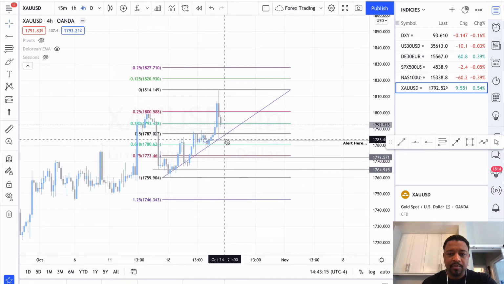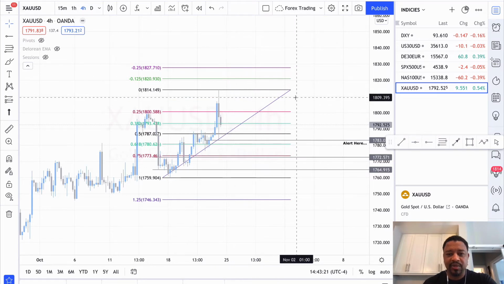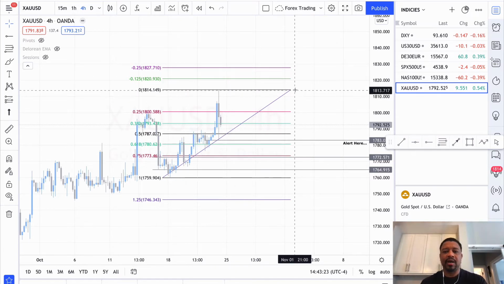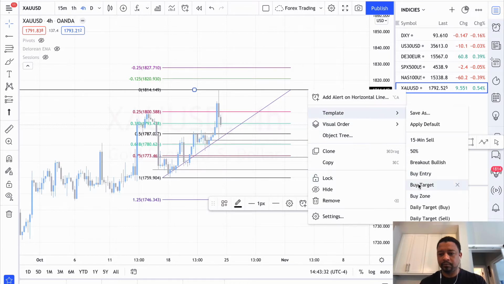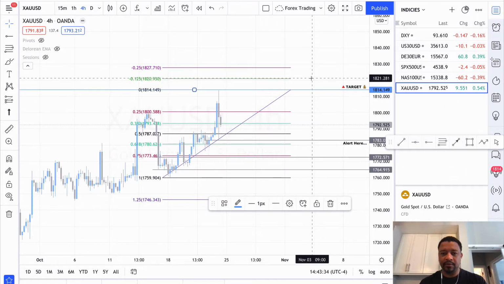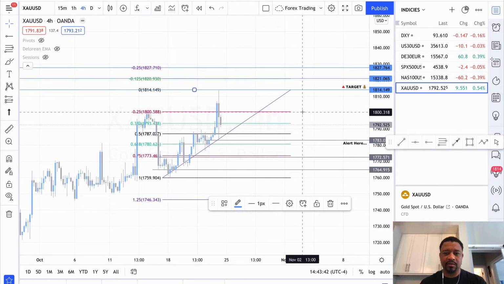If gold comes back down into these areas and does not break below 0.75, I will be looking to take it higher. So initial targets are always where it's been. And then I use the fibs for additional potential targets.